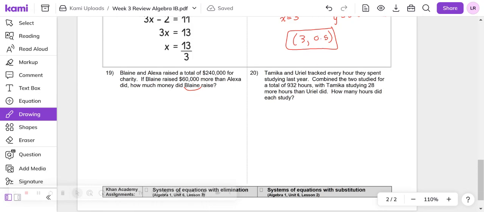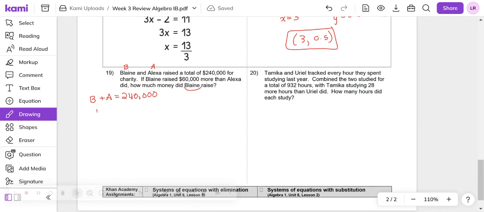So I'm going to use capital B for Blaine and a capital A for Alexa when I'm using my variables here. So together, if I take all of Blaine's money and all of Alexa's money, the total is going to be $240,000. Okay? Now I know Blaine's amount is $60,000 more than Alexa.